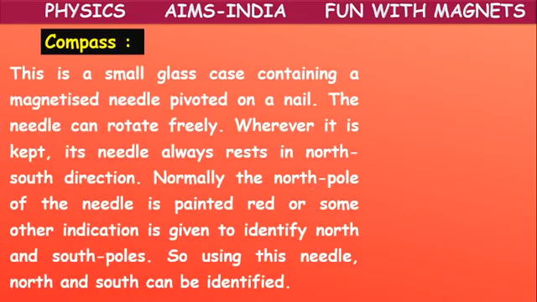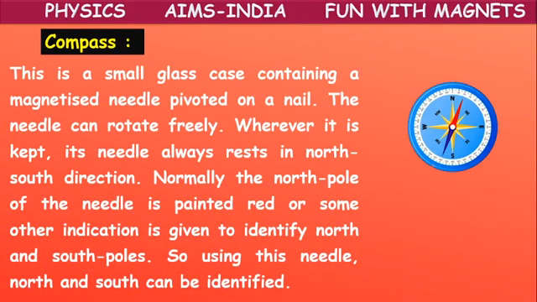Here, a compass is a small glass case containing a magnetized needle, this red and blue colored magnetized needle, pivoted on a nail. Pivoted means fixed in the middle with the help of a nail.